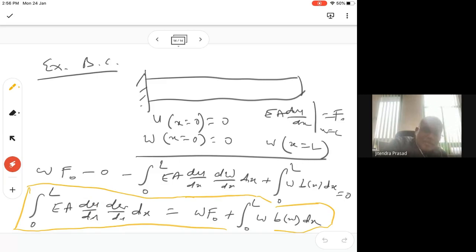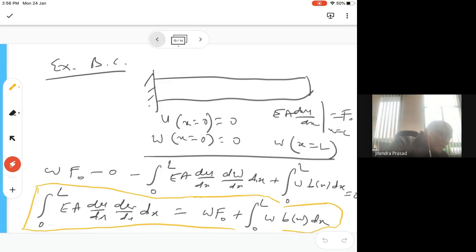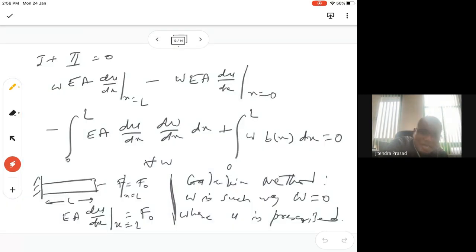That means we can find an approximate solution which is just single differentiable.